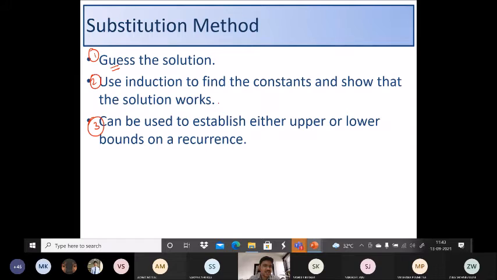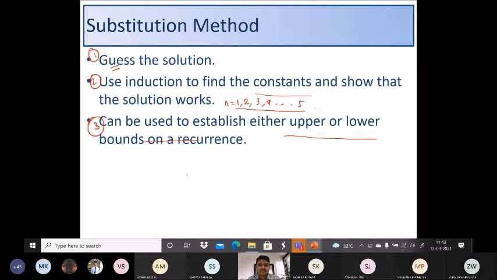Through induction, we will try to find out the constant value. Here we will try to put n equal to 1, 2, 3, 4, 5, 6. Based on the induction, we will try to prove. The last thing is we have to find out the upper bound and lower bound, based on the question.